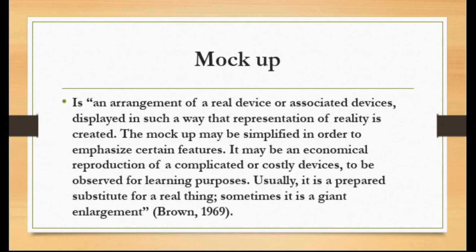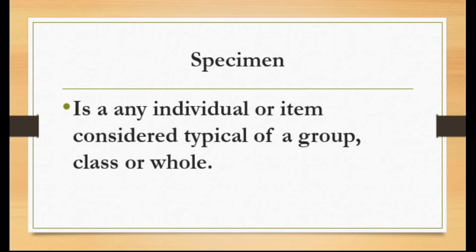Next we have specimen, which is any individual or item considered typical of a group, class, or whole. This type of contrived experience is related to science. Sometimes the discussion falls onto learning about the cell of a plant or an animal cell, so the teacher makes use of those inside the classroom.